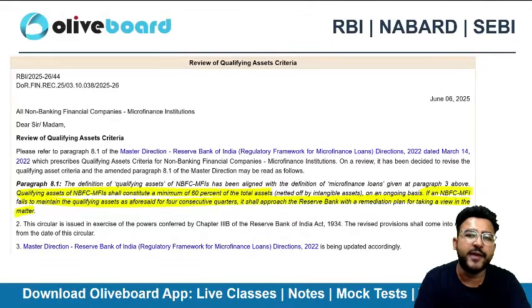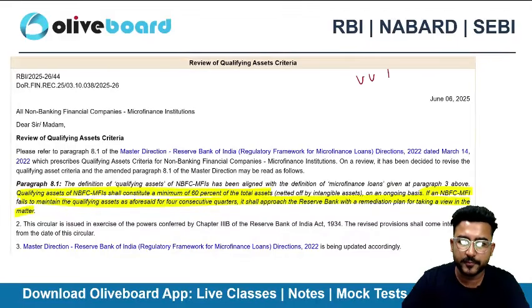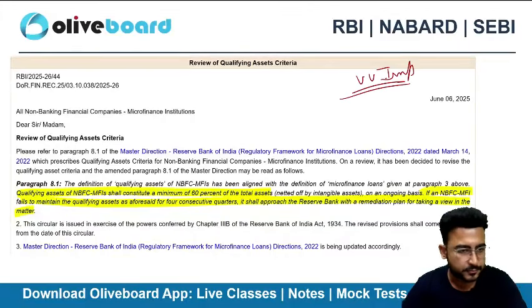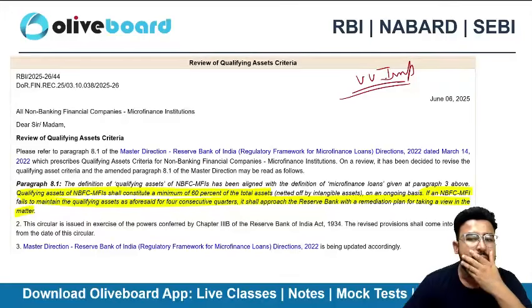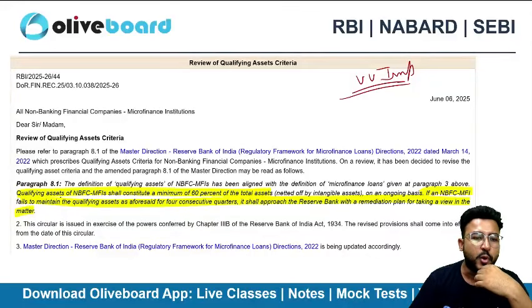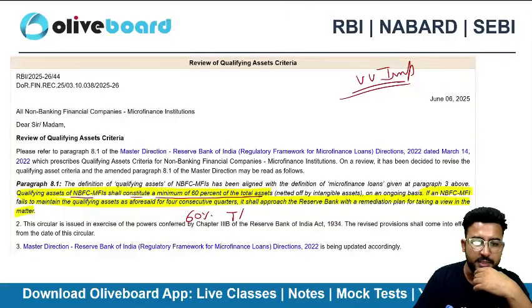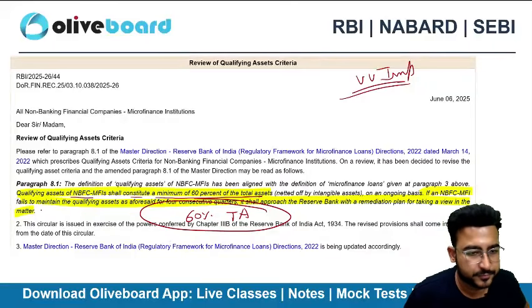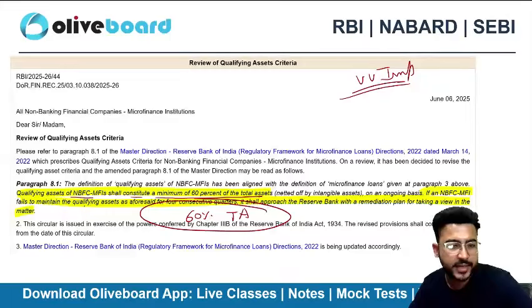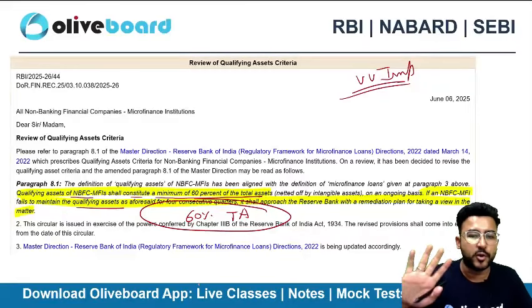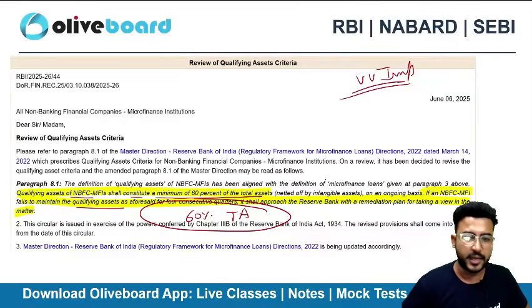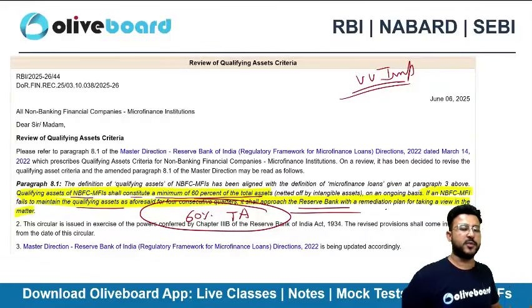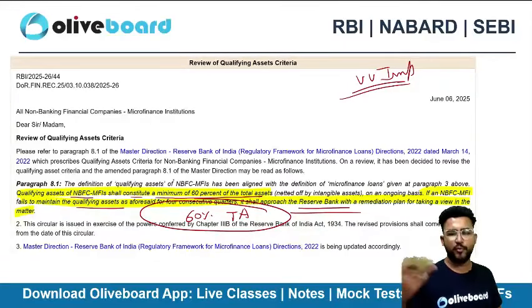Review of qualifying asset criteria, very, very important. High probability question. Qualifying assets of an NBFC MFI shall constitute a minimum of 60% of the total assets. Please do remember this particular limit. If an NBFC MFI fails to maintain the qualifying assets for 4 consecutive quarters, it needs to approach the Reserve Bank of India for an improvement plan, basically.